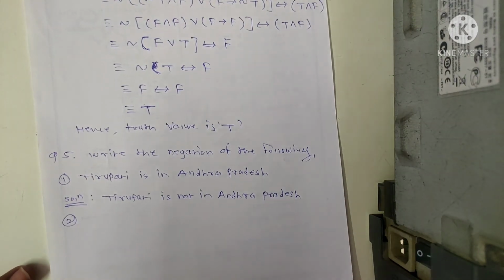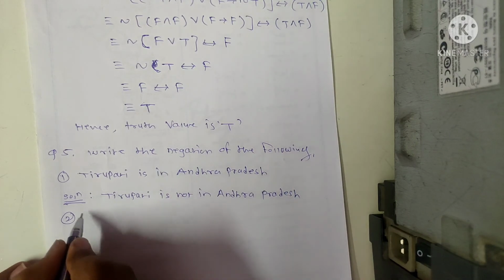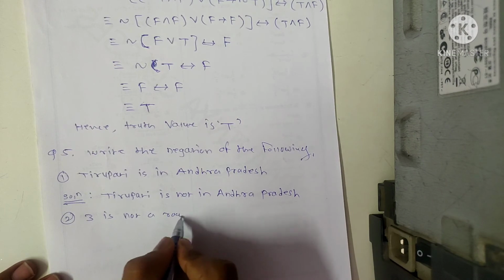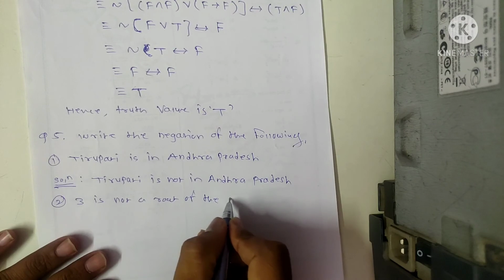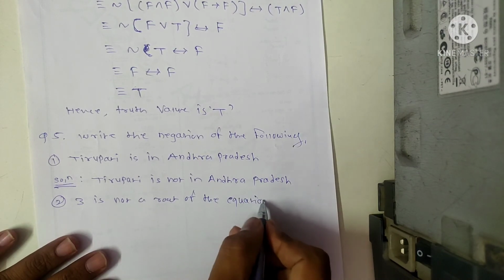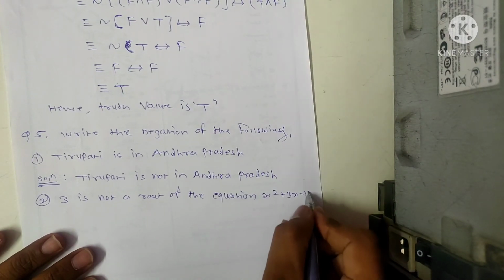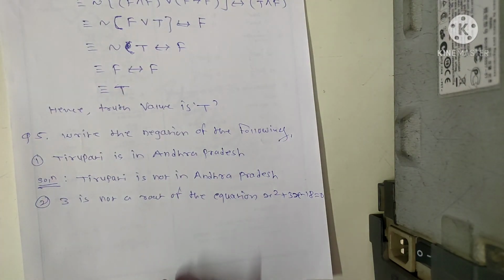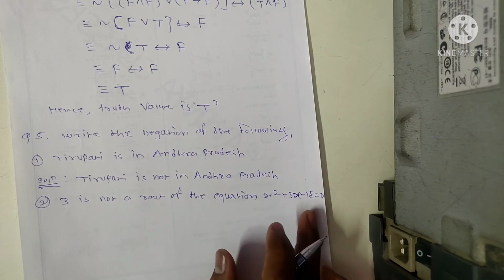Now second is: 3 is not a root of the equation x square plus 3x minus 18 is equal to 0. We are given that 3 is not a root of the equation x square plus 3x minus 18 is equal to 0.